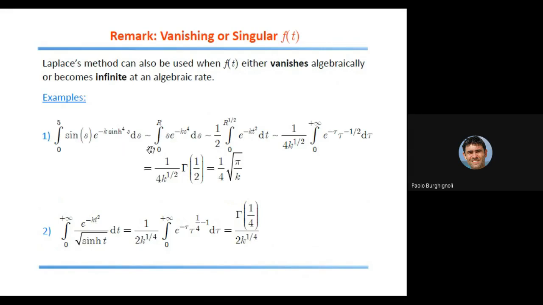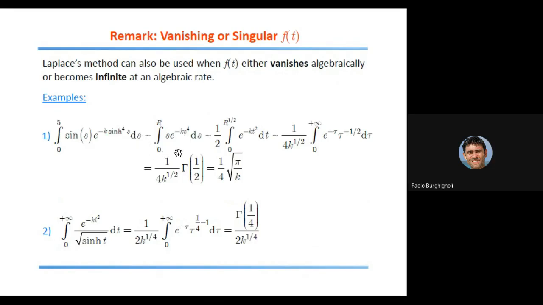Now, this is asymptotic to an integral in which you can change the upper integration limit as you wish, and in which you have replaced the sine function with its lowest order power in its Taylor series representation, and you do also the same in the exponent. So instead of the hyperbolic sine, you simply write s, the argument of the hyperbolic sine.